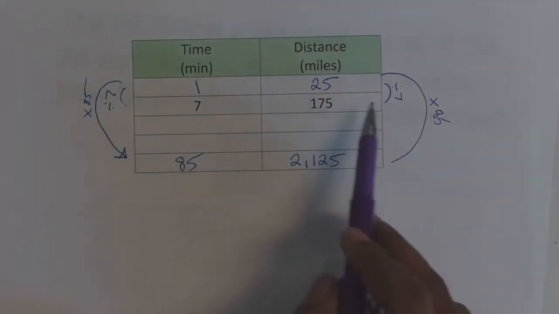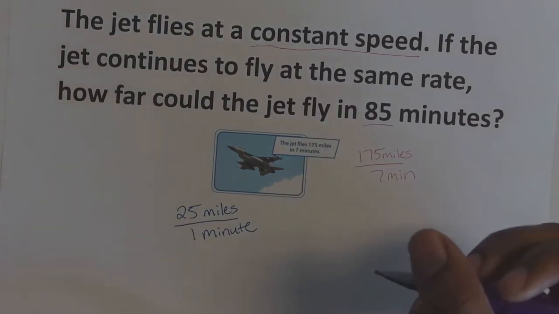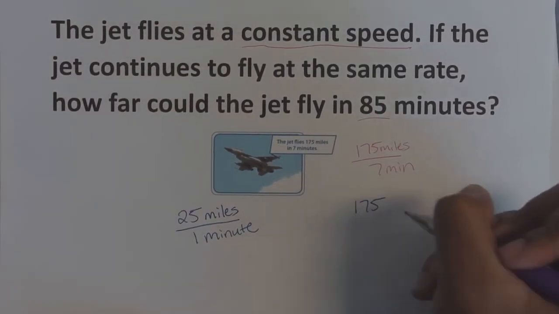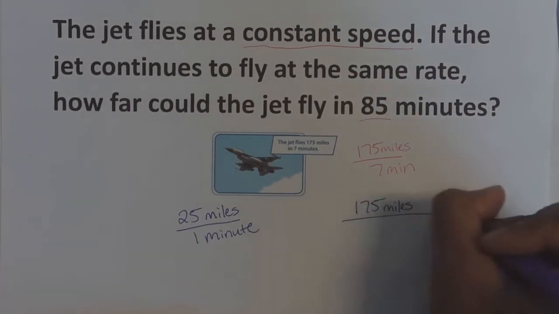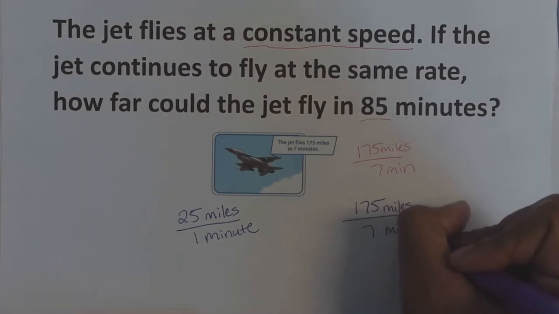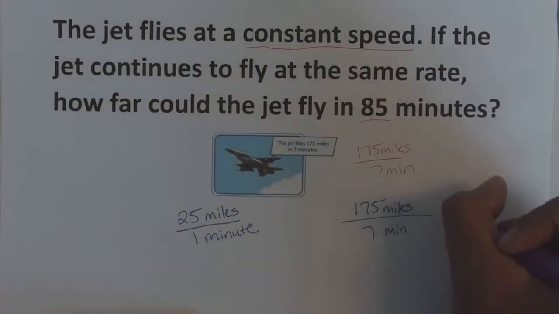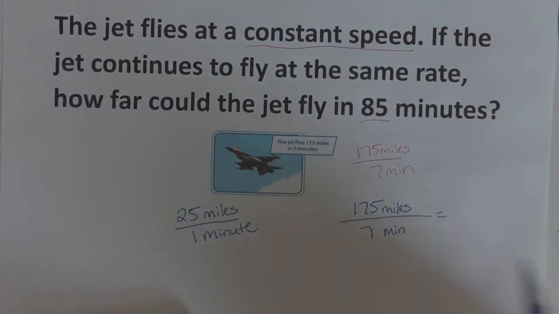We can solve this another way by writing a constant speed as a unit rate. So going back to my original problem, I did 175 miles, 7 minutes. So to get my unit rate, to get 1 minute, I can divide 7 by what to give me 1?